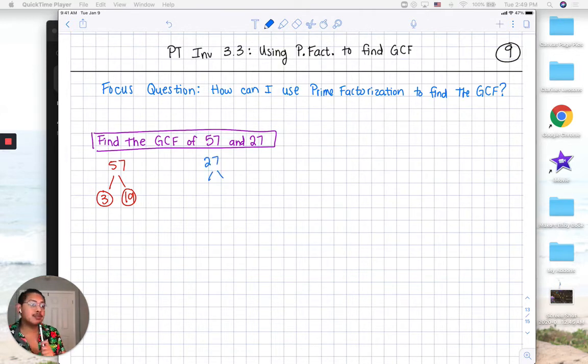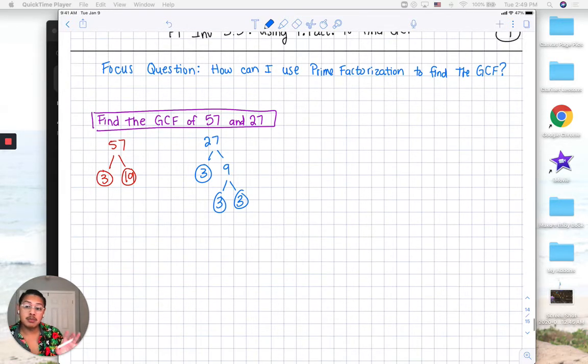The smallest prime number besides 1 that goes into 27 is 3. I know that 3 times 9 gives me 27. Is 9 prime? Can I break it down even further? It's not. I can break it down into 3 times 3.